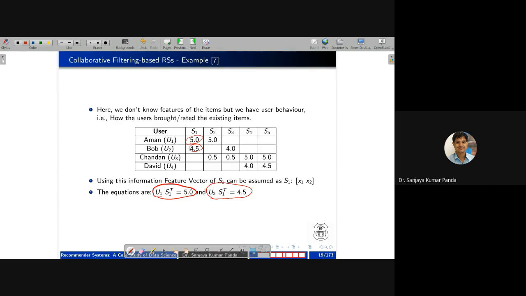This is your rating part, this is the feature for the item, and U1 and U2 are the features for your users. If you know the U1 and U2 values, which I'll give you in the next slide, you can easily find the values for S1 transpose.